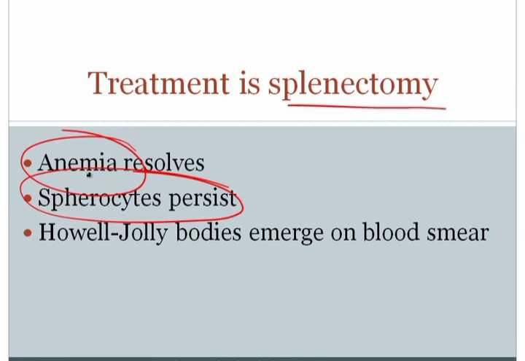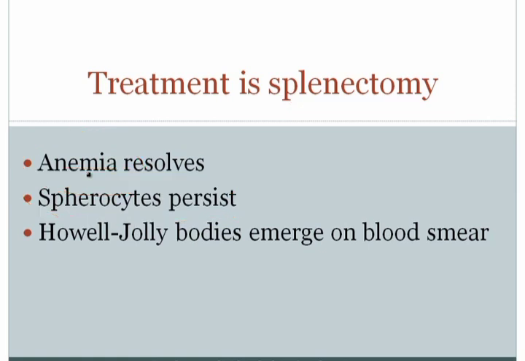And then finally, the other finding is that we'll begin to see Howell-Jolly bodies on the blood smear. This requires a little bit of explanation. Remember that when a red blood cell is born, the red blood cell's nucleus is removed, and the vast majority of the time the nucleus is completely removed. However, on occasion there can be a red blood cell in which there is a fragment of nuclear material that did not get removed. It is the job of the spleen to go in and remove that extra fragment of nuclear material.